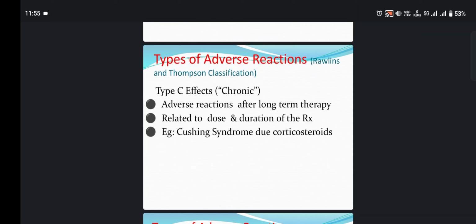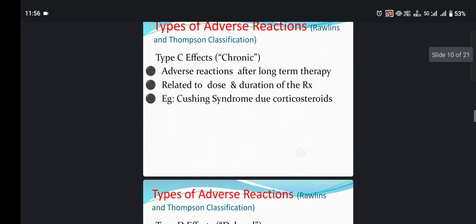That is related to maybe dose or duration of that drug. One example is Cushing's syndrome due to corticosteroids. Some individuals may have this kind of reaction. I think you people know about Cushing's syndrome.